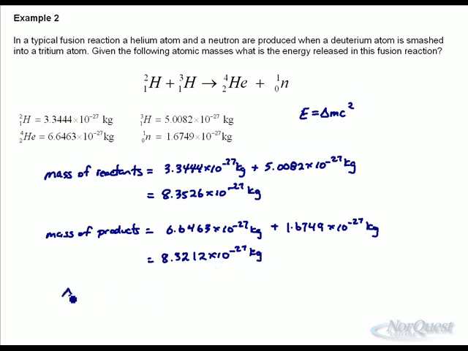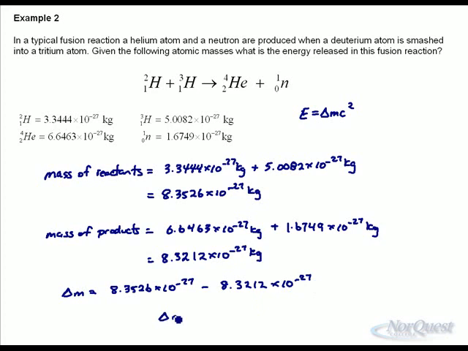So the change in mass is going to be 8.3526 times 10 to the negative 27, subtract 8.3212 times 10 to the negative 27.